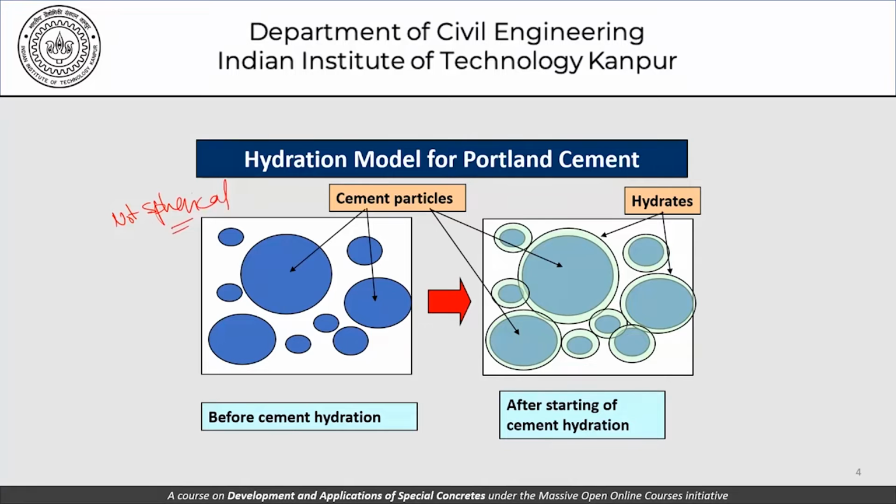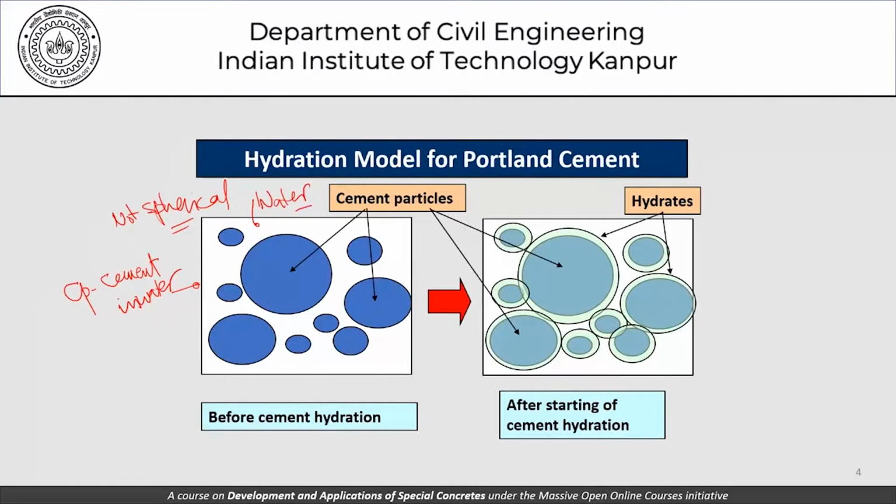There is a certain amount of particle size distribution as well. So these are the different kinds of cement particles. And this is in line with our discussion that cement paste is a suspension of cement particles in water. So basically this part here is all water.